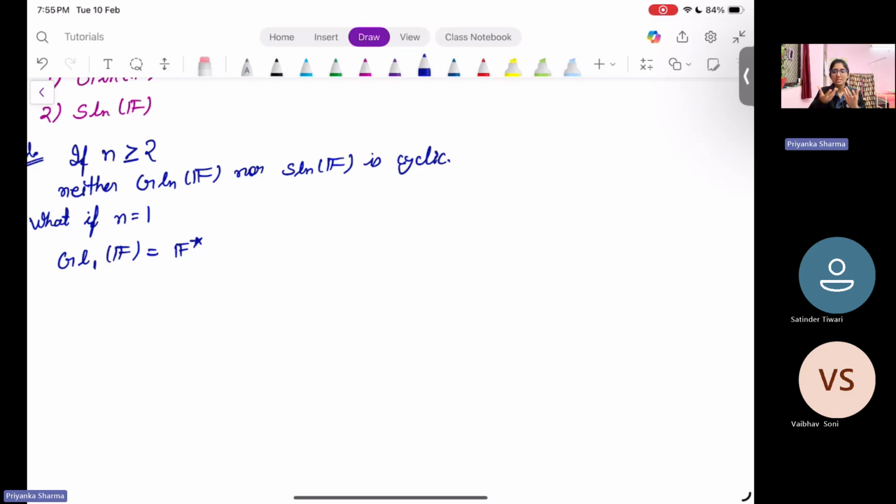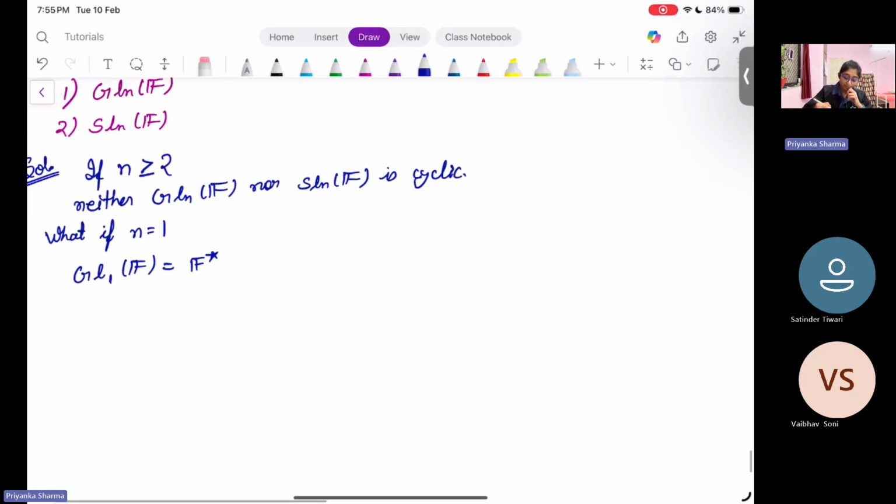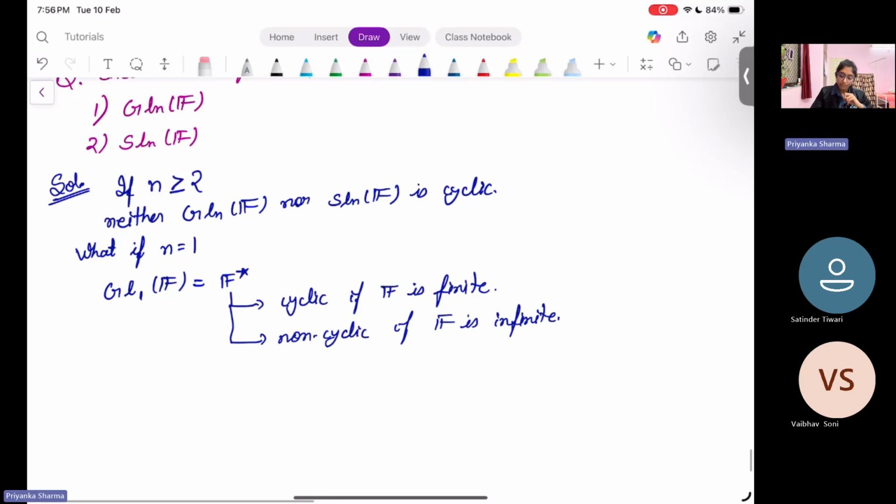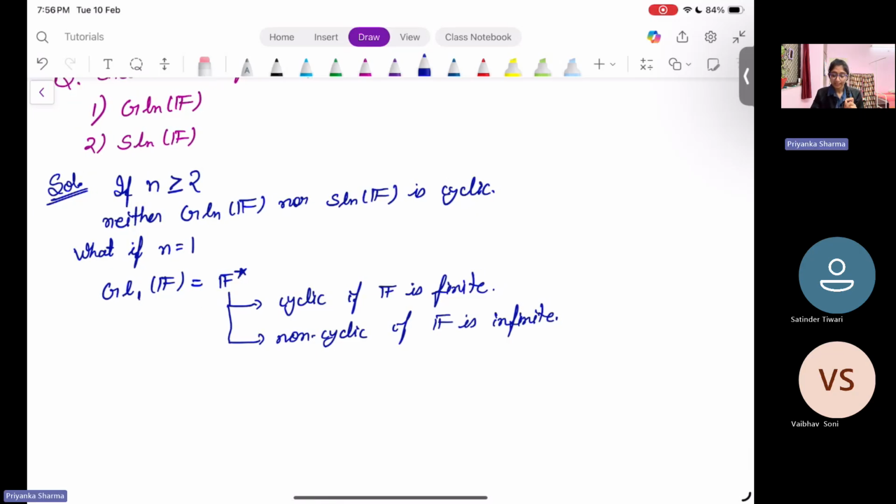So GL_1(F) is F star. We know this F star is cyclic if F is finite, and non-cyclic if F is infinite. So GL_n(F) will be cyclic if and only if n is 1 and F is finite. Clear?